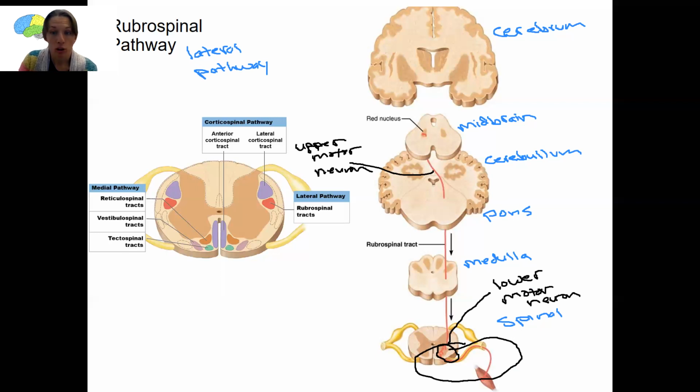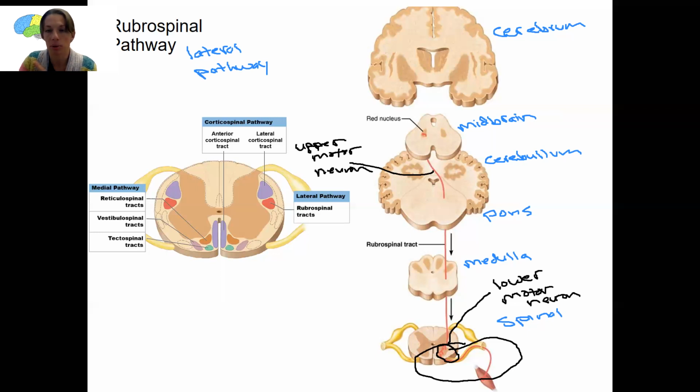What I'd like you to be able to do for this, first of all, this is examples of upper and lower motor neurons again. There's an upper motor neuron in the brain and a lower motor neuron that goes from the spinal cord out the periphery. So you've seen two different examples of upper, lower motor neuron pathways.